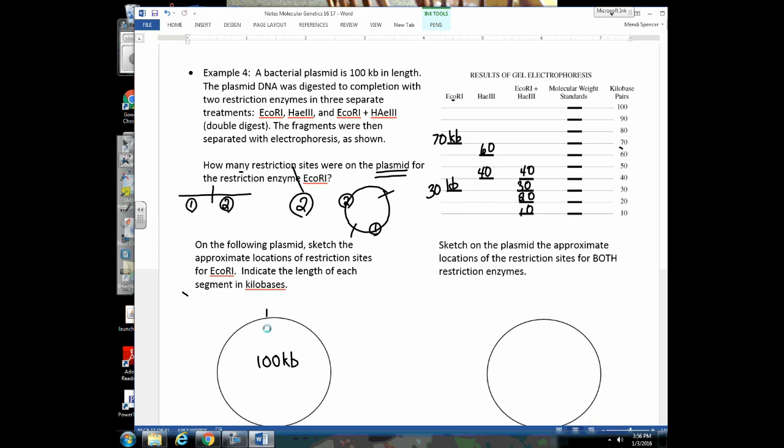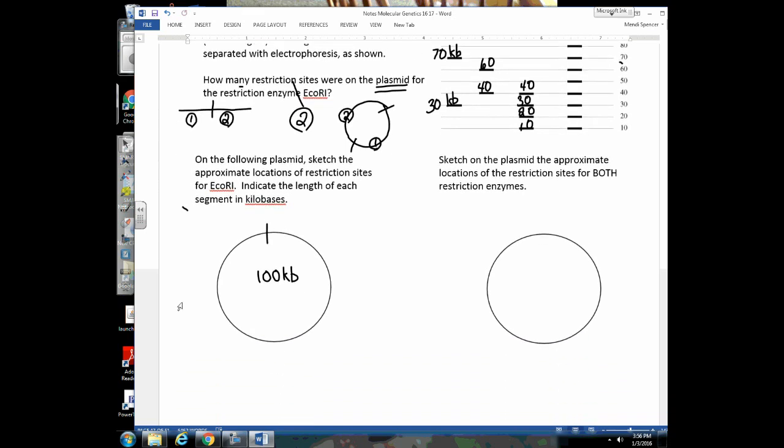And I always like to cut at 12 o'clock. If I cut at 12 o'clock and 6 o'clock, then those segments would be 50 kilobases long. But I need 70 and 30, so I'm going to cut about right here. So this segment would be 70 kilobase pairs, and this one would be 30.